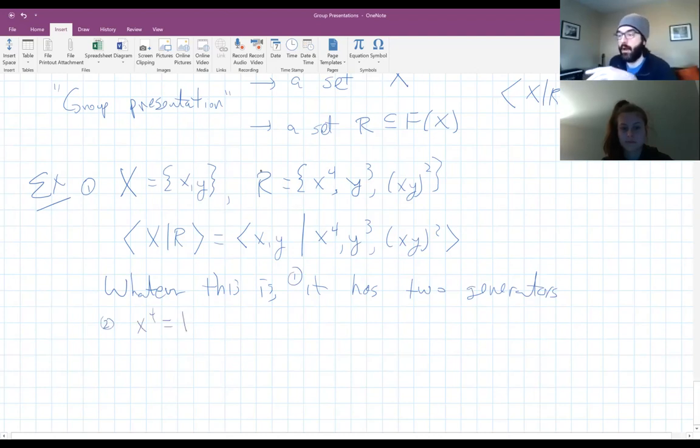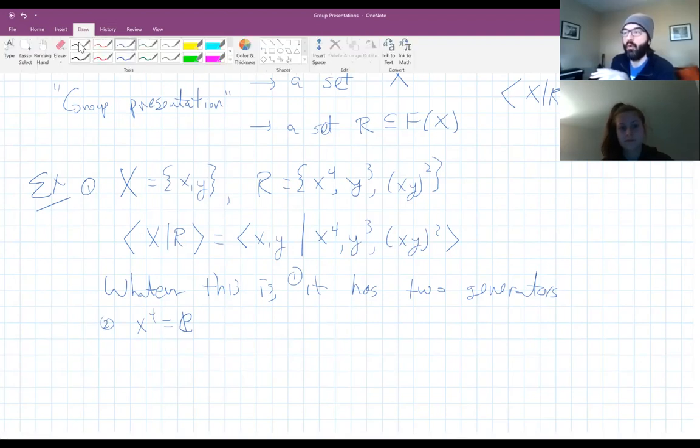And by the way, I'm not writing E because we're doing advanced level abstract algebra, and so whenever a group is written multiplicatively, we just write one for the identity. Because we're advanced now. We know X to the fourth is the identity. We know that Y to the fourth is the identity. And we know that these are all equal to the identity because they are the defining relators.